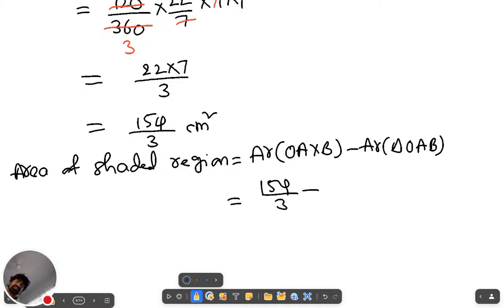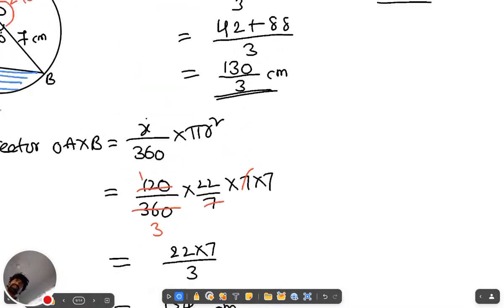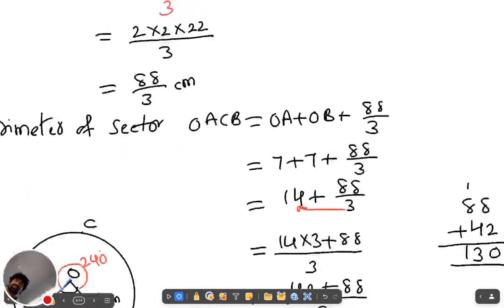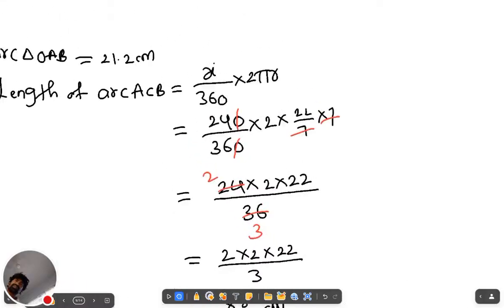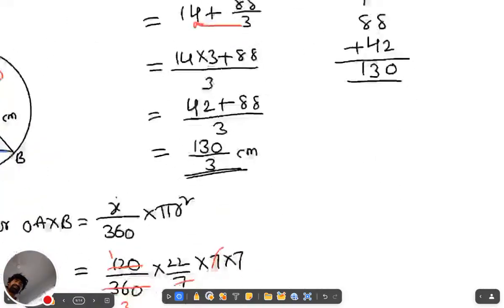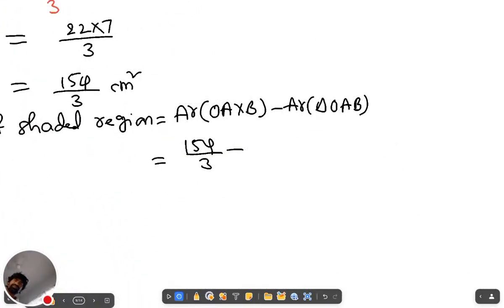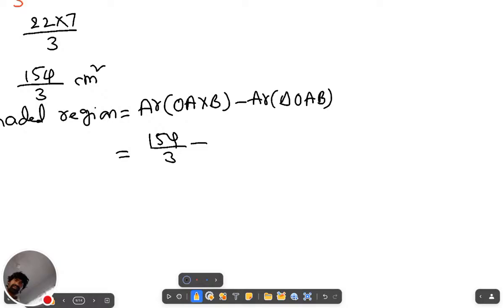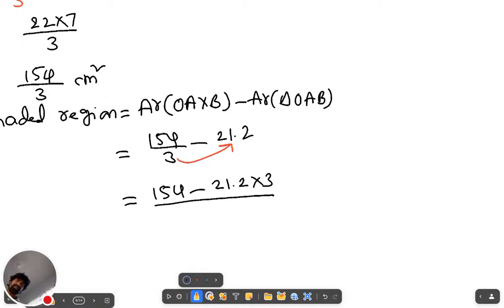What is the area of the triangle given? The area of the triangle is 21.2, right? Let's multiply this 21.2 with 3. So now it will become 154 minus 21.2 multiplied with 3, by 3.